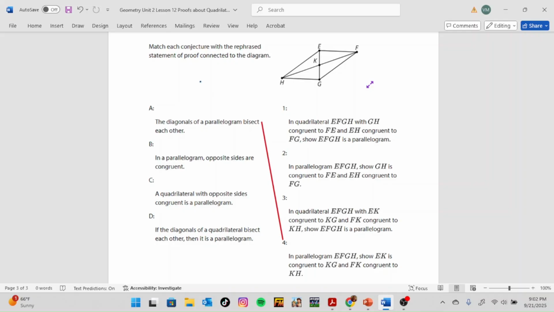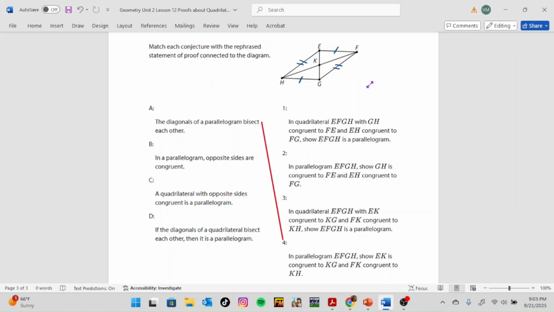So number 1 says in quadrilateral EFGH with GH, the line on the bottom, congruent to FE, the line on the top, and EH, the line on the left, congruent to FG, the line on the right, show EFGH is a parallelogram. Well, that last part is not required in B, so it wouldn't be B.